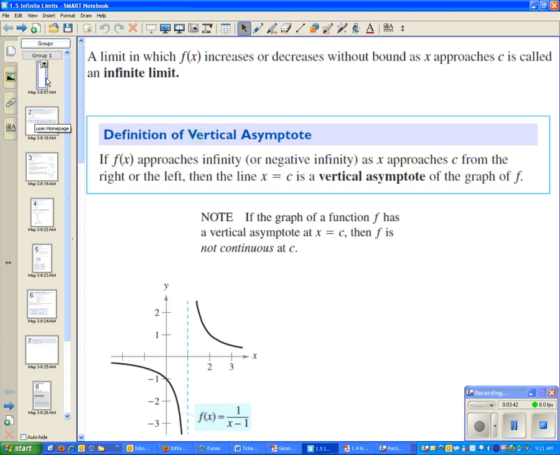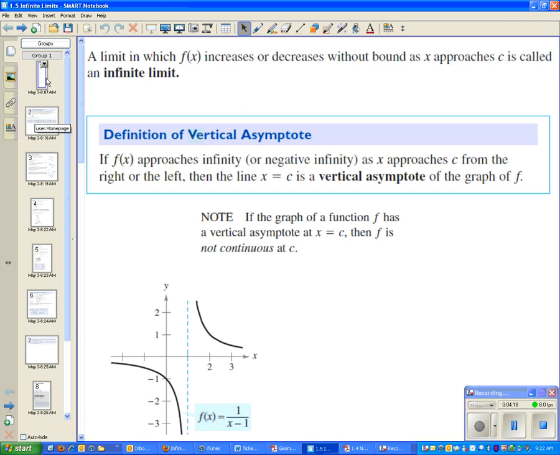So far we've said that it does not exist, and then we've hinted around about how, but if it's going up forever, we could call that infinity. If it's going down forever, we could call that negative infinity. But we've just kind of hinted around at that. But now they're saying it, okay? If the function increases without bound, which means forever, then the limit as x approaches c is infinity. If the function decreases without bound as x approaches c, then the limit is negative infinity.